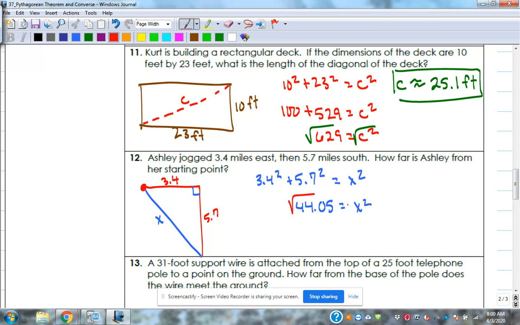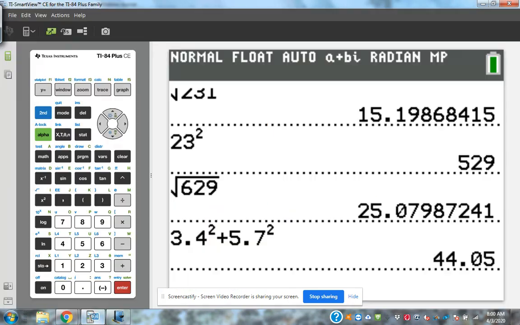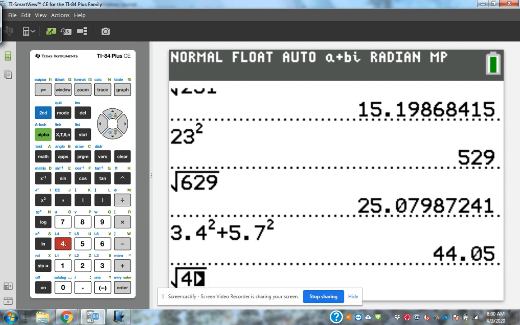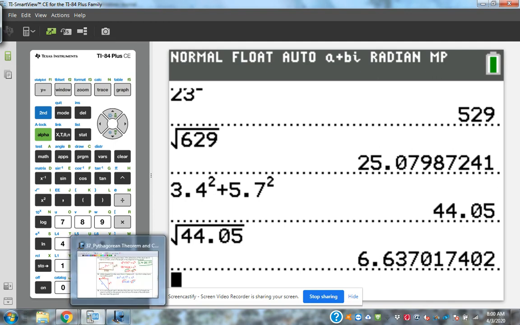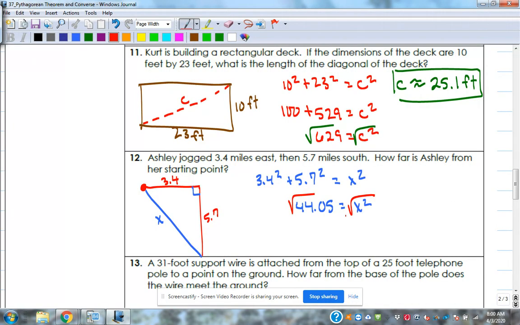Take the square root. That's 6.63, or 6.6 rounded to one decimal place. And miles here is a good word problem, so we need units out of that.